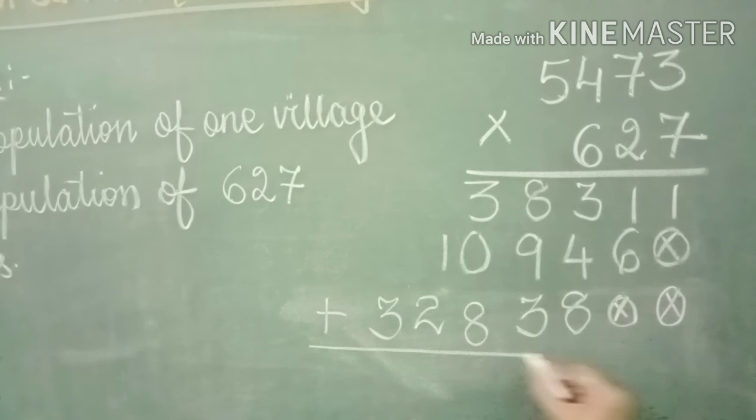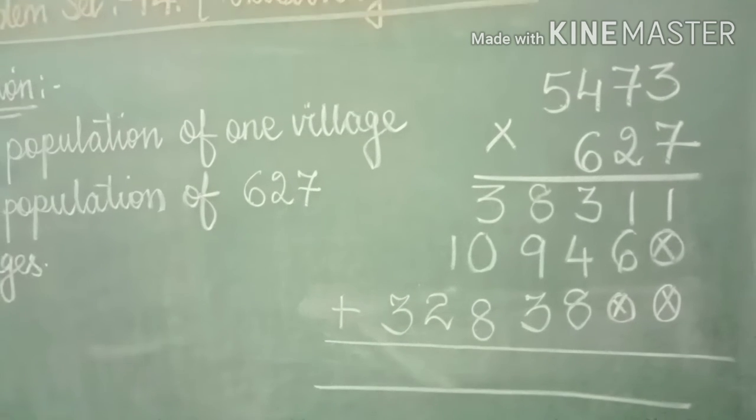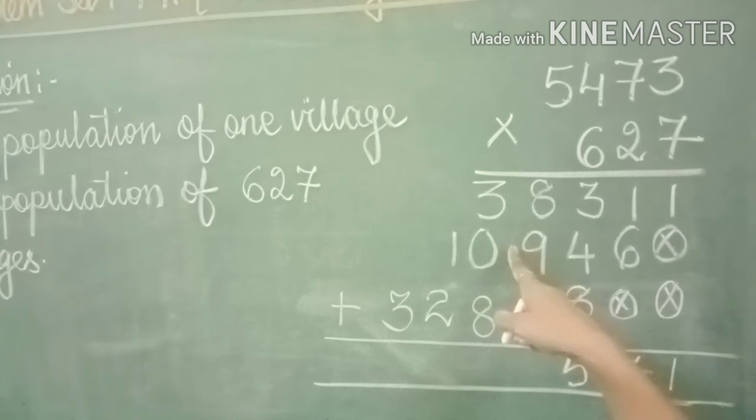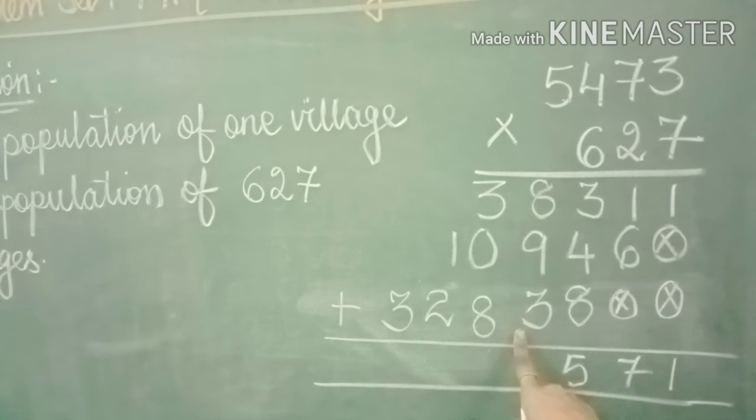And we are going to add. Let's do the addition. 1, 7, 6 plus 1 is 7, 4 plus 3 is 7, 7 plus 8 becomes 15, 5 written down, 1 carried up. 9 plus 8 becomes 17, 17 plus 3 becomes 20, 20 plus 1 becomes 21.